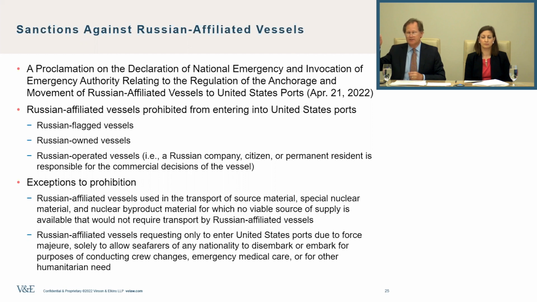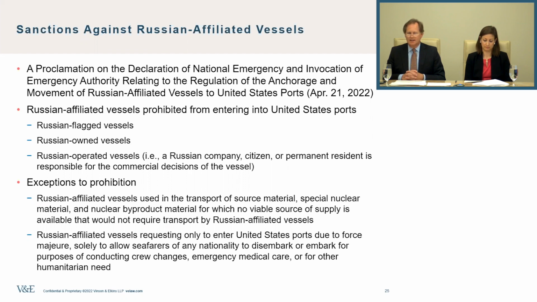None of those vessels that meet these criteria are permitted to come into U.S. ports. There are some very limited exceptions. One is that we have some activities related to nuclear byproduct material with decommissioning and those sorts of things. There can be an exception for a Russian vessel carrying that type of material under these agreements to come into U.S. ports.